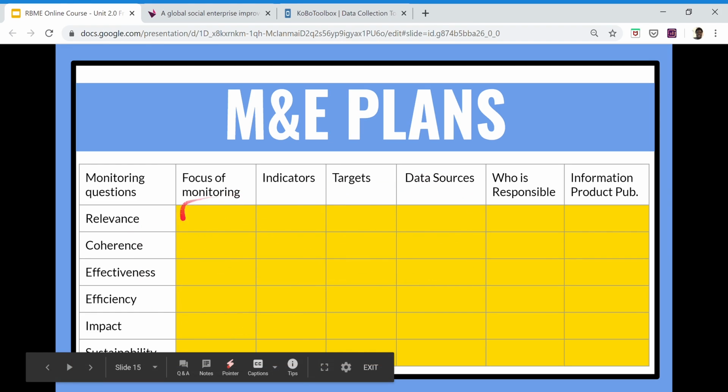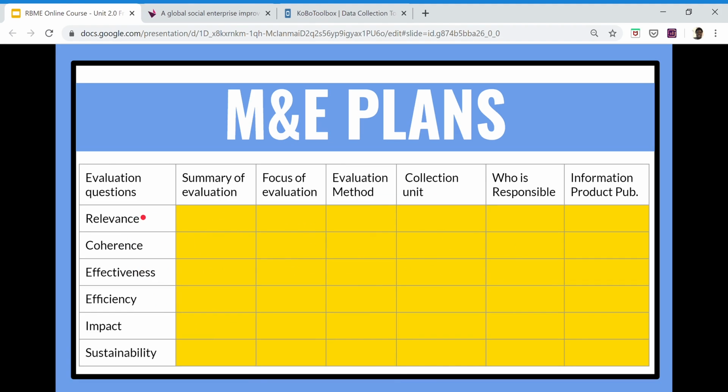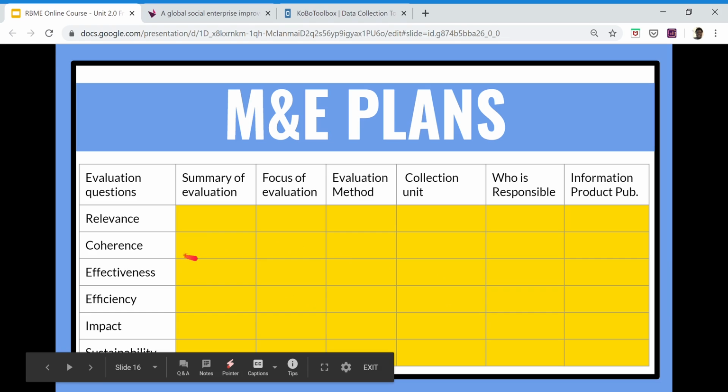That's what this monitoring means, the monitoring plan. Remember, we differentiated between monitoring and evaluation. So all what you have here are things that happen during the activities. And what happens here is after your program has ended, right? That's what you would have in here.